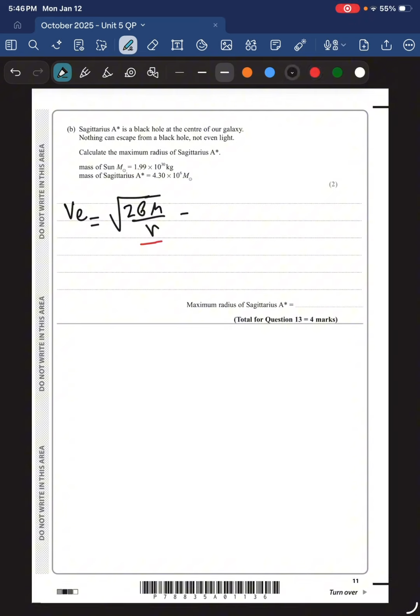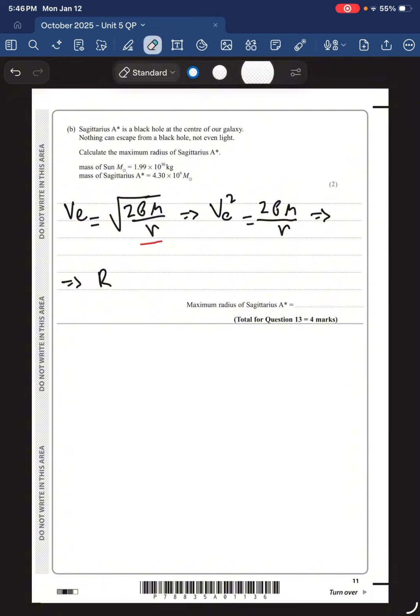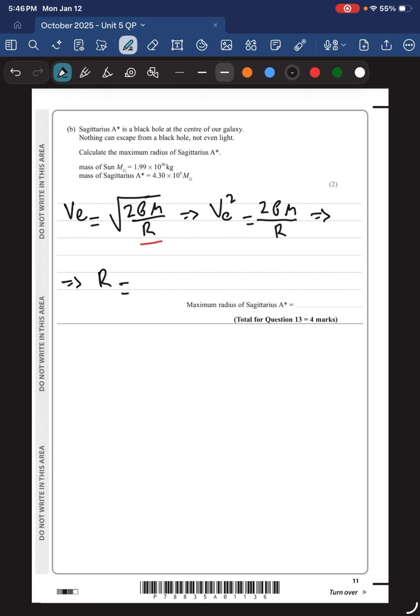Let's do some manipulation. So v squared is equal to 2GM over r, the square root goes away. Let's write it as r: r is 2GM over the escape velocity squared.